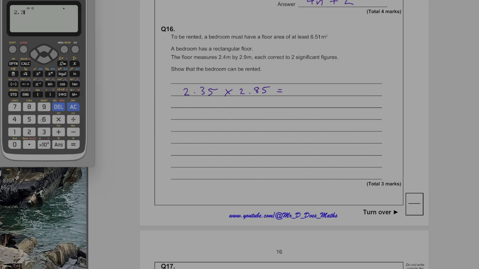So 2.35 multiplied by 2.85 is going to give us a value of 6.6975. To show that the bedroom can be rented, 6.6975 meters squared is greater than 6.51 meters squared.